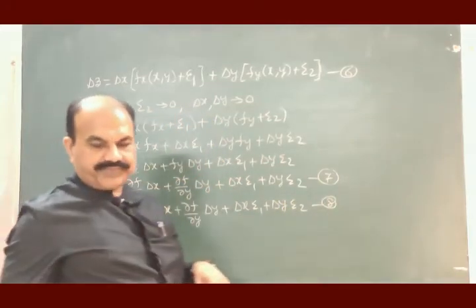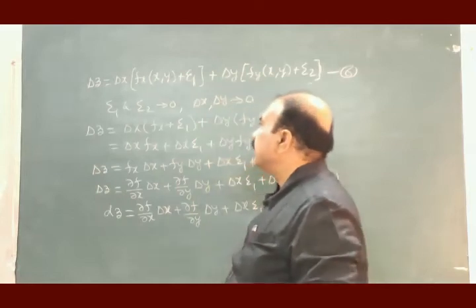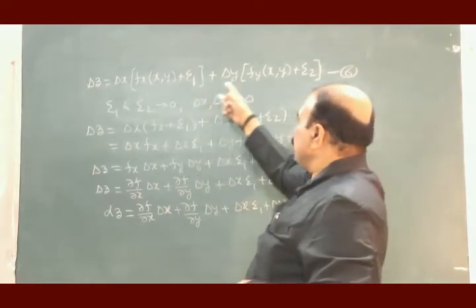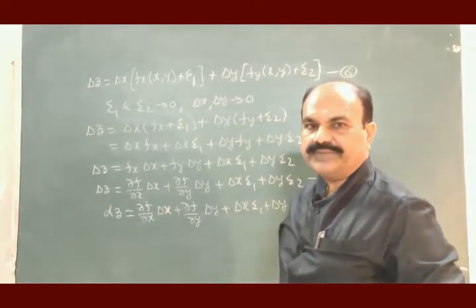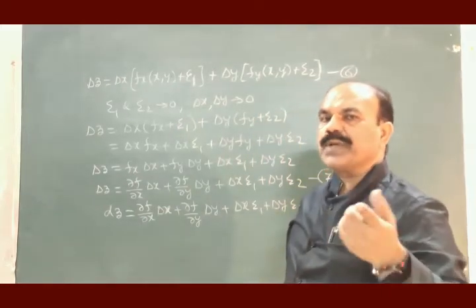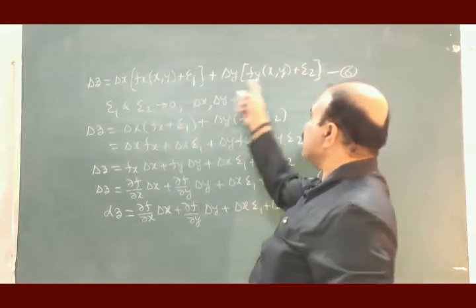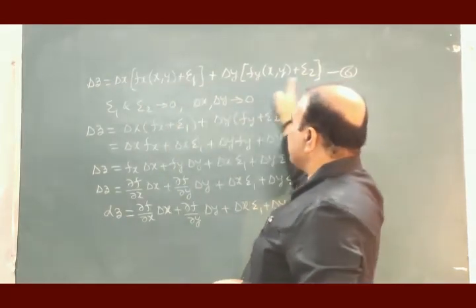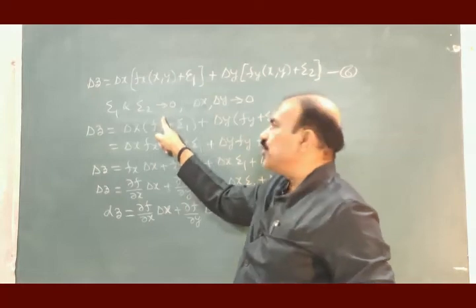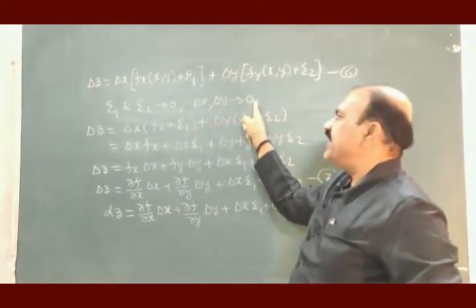Equation number 8. We got this equation according to equations 4 and 5. Putting equations 4 and 5 in equation 3, we got this equation where sigma 1 and sigma 2 both tend to 0 when delta x, delta y tends to 0.